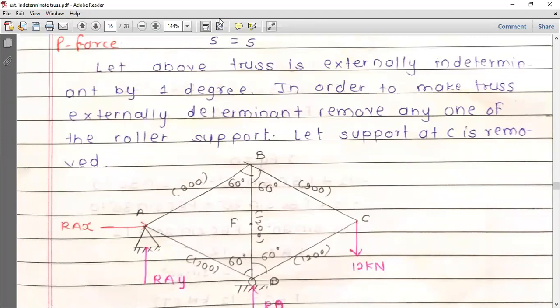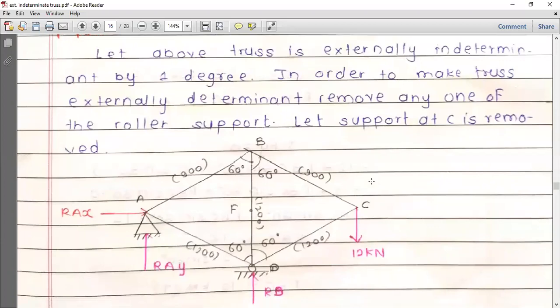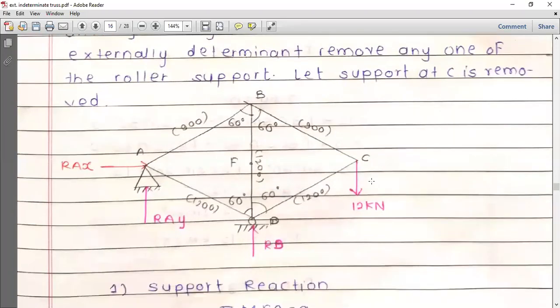Okay, so first of all, we'll assume the direction of the reactive components. So here reaction RAY we assume going upward, reaction RAX going towards the right side, reaction RB going upward.